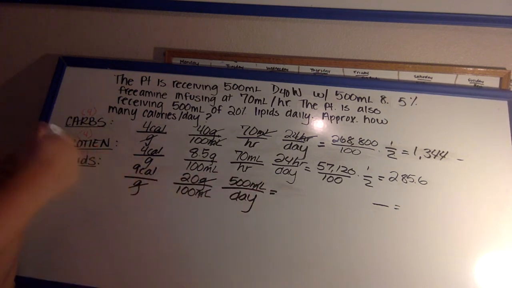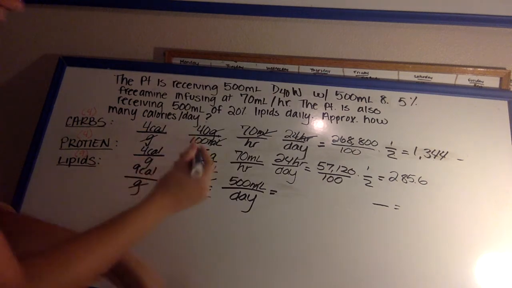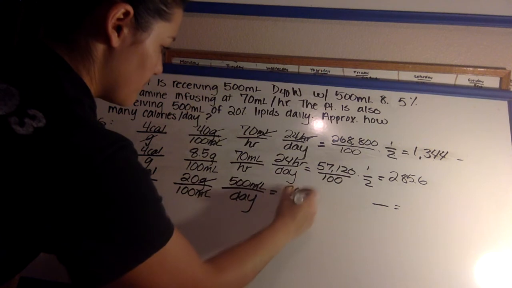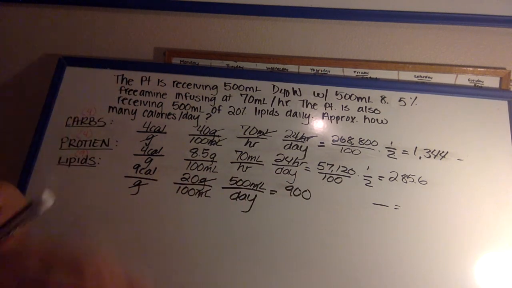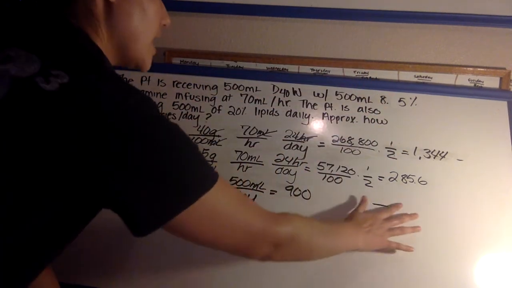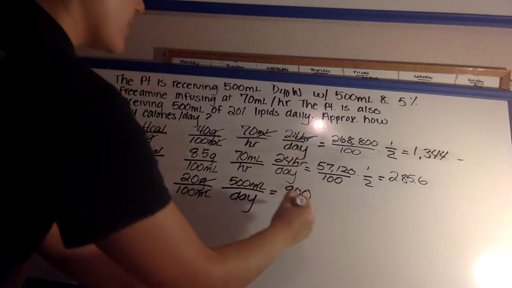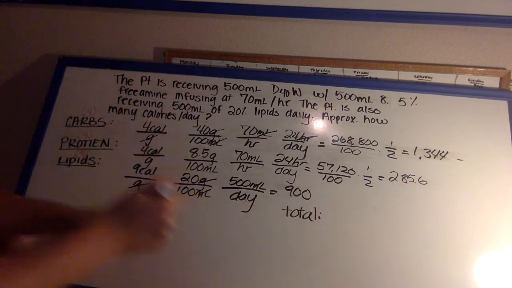So what does this give us? We have 9 times 20 times 500 divided by 100 equals 900. Okay, now we get to add everything up because this is what they're going to be getting in the whole day. All right, so we can put total here.